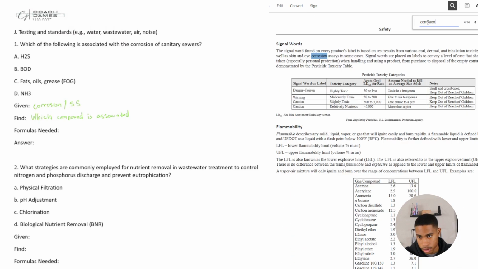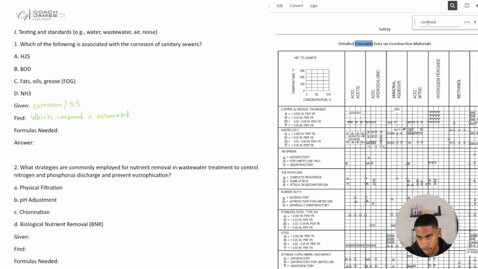Corrosion. Signal word. Detailed corrosion data: acids, copper, bronze, steel.